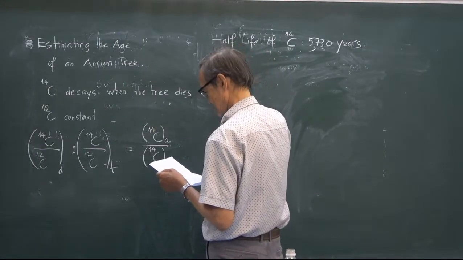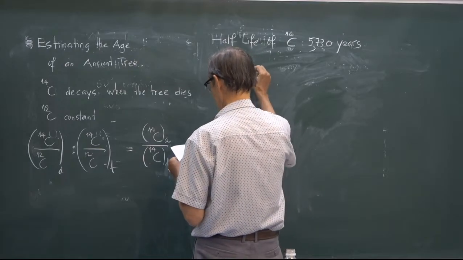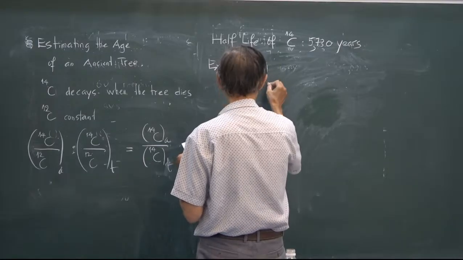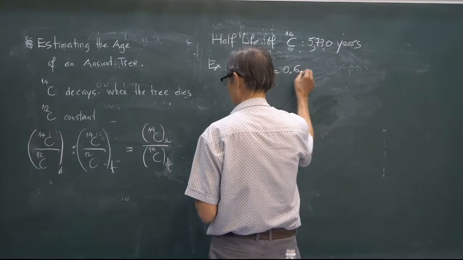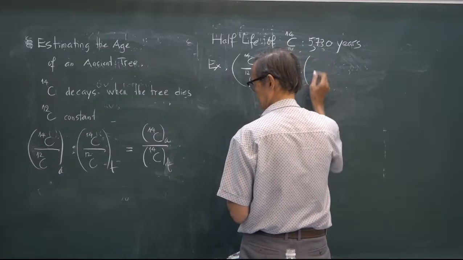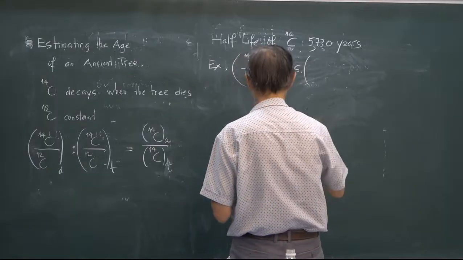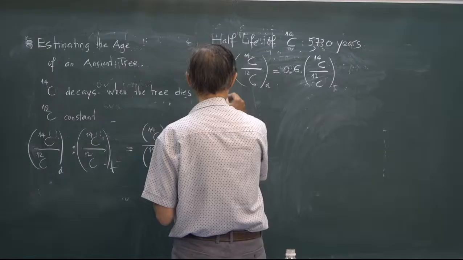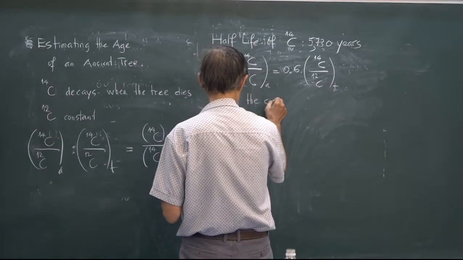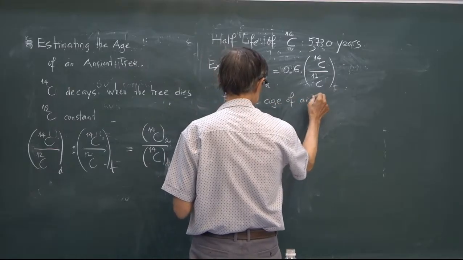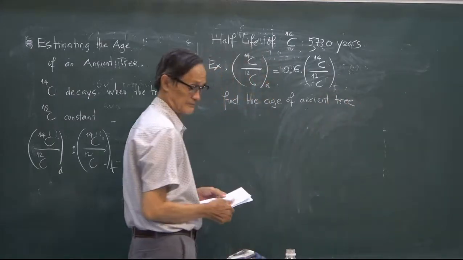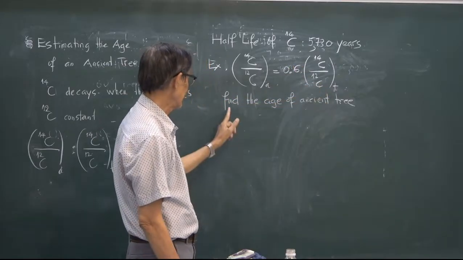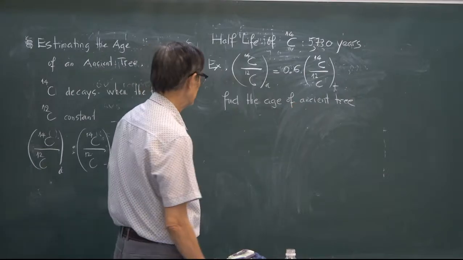Now consider an example. Given this is 0.6 of this today, find the age of the ancient tree. Solution.